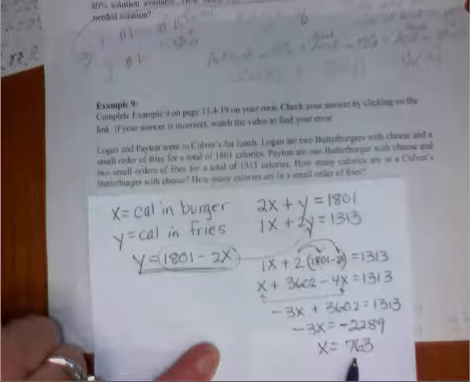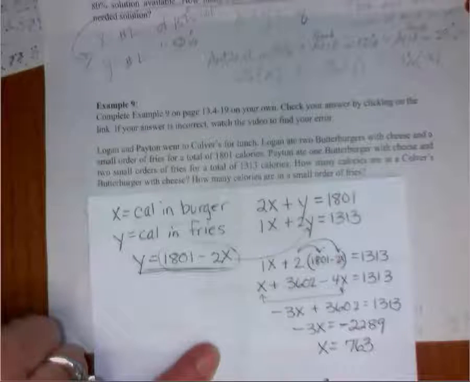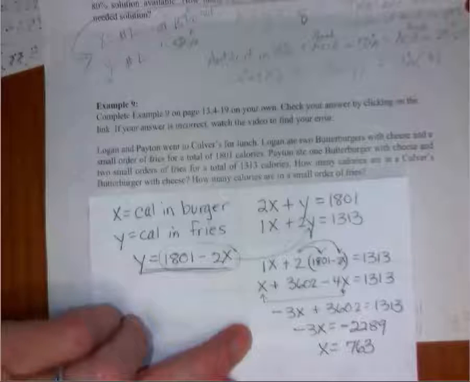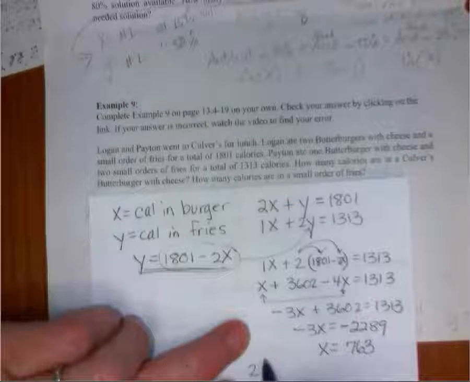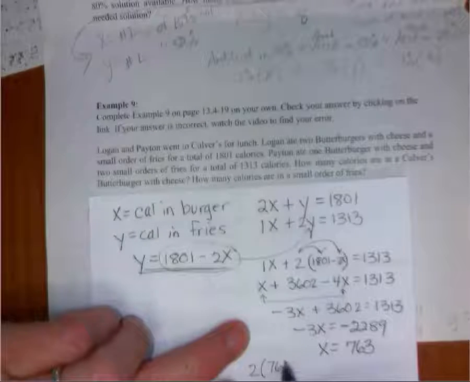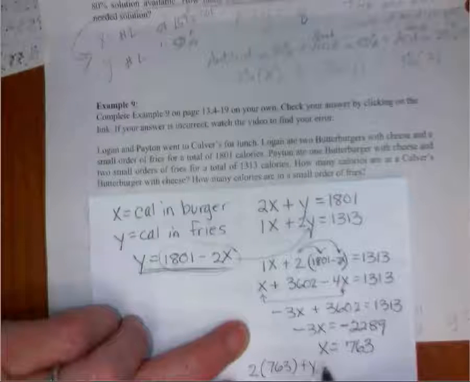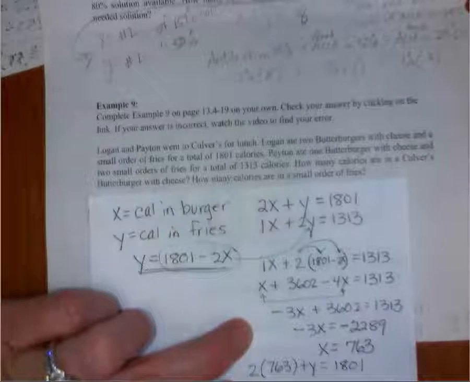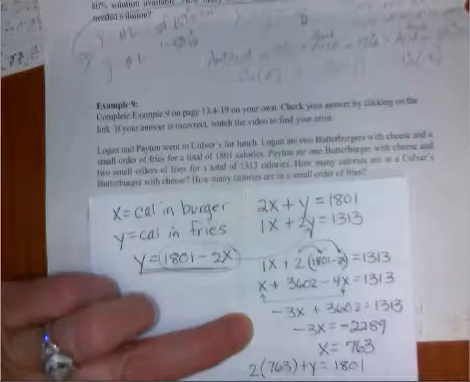I can plug this back into either one of my equations to get the y value or the calories in the fries. So 2 times 763 plus y equals 1801. 2 times 763 is 1526.